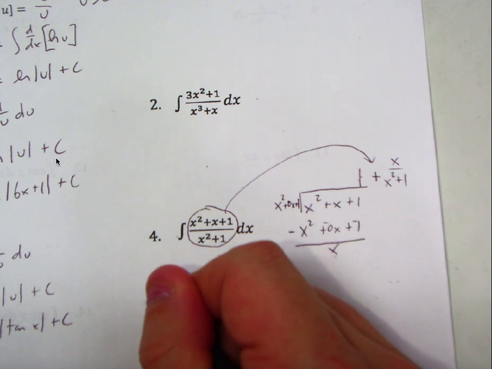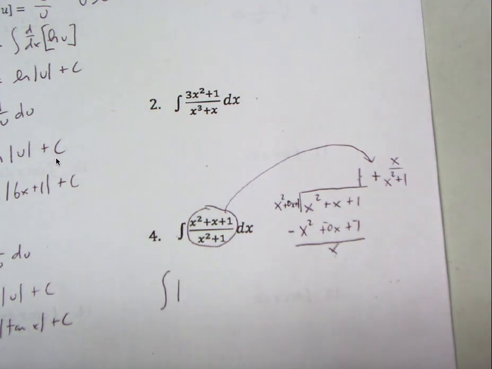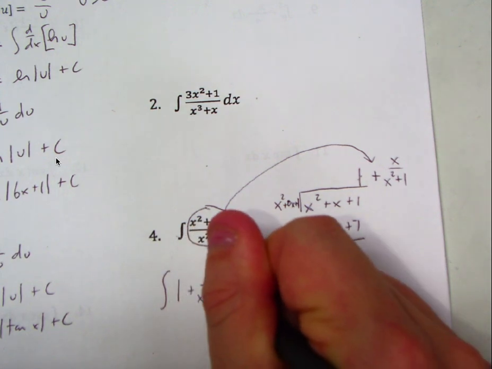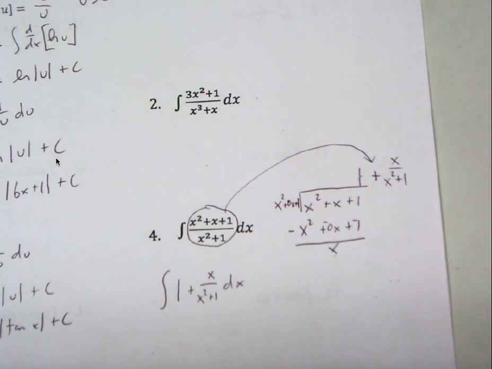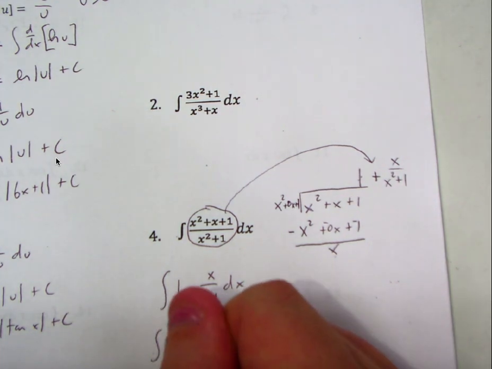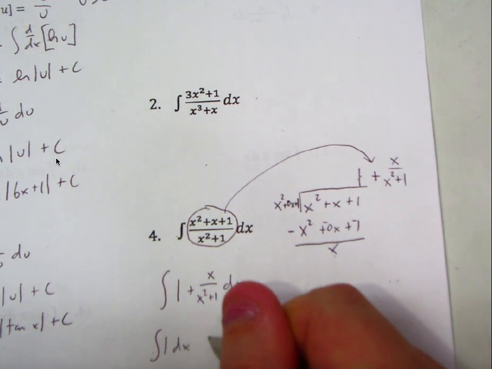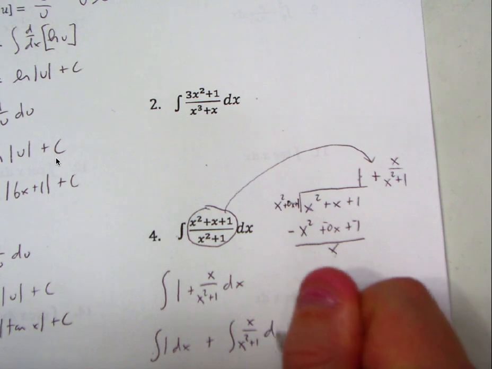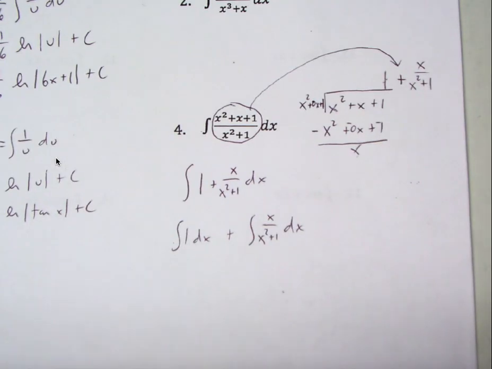So we have the integral of 1 plus x over x squared plus 1 dx. And when you're integrating separate terms that are being added or subtracted, you could split it up into separate terms. So we can have the integral of 1 with respect to x plus the integral of x over x squared plus 1 with respect to x.